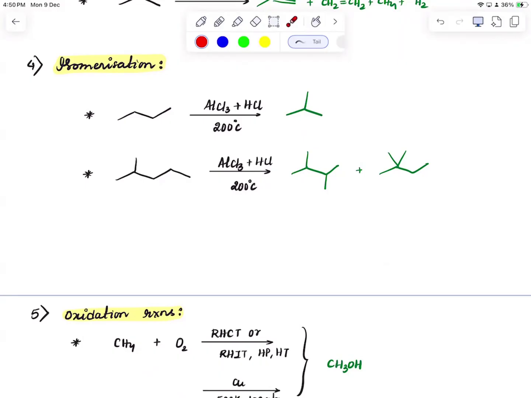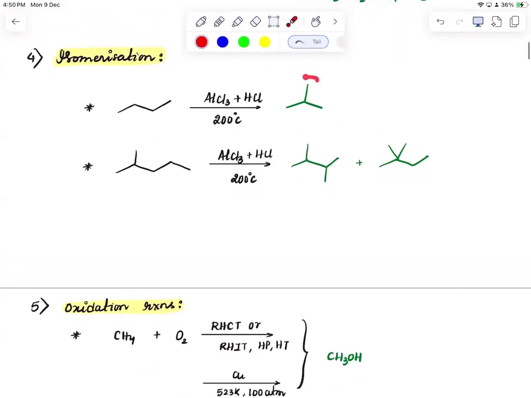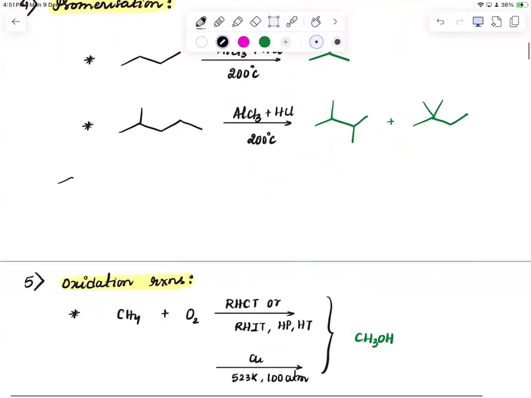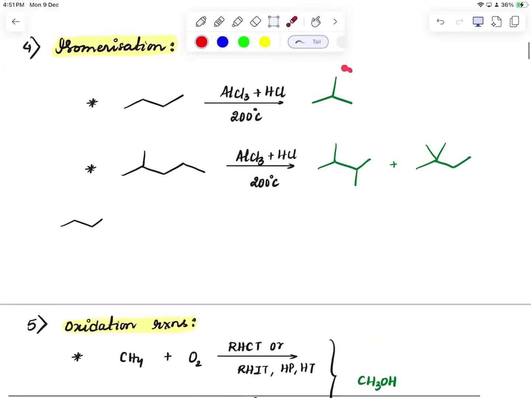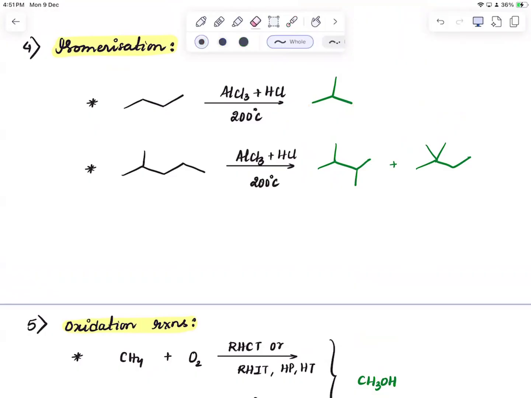See, in case of isomerization, basically here we are trying to use a small bit of alkene for making this reaction happen. We always take some small amount of alkene to make this reaction happen. See how? If this compound has to convert into this compound here, which is an isomer of n-butane, we will take a small amount of alkene here, and then we will react that with anhydrous acid.